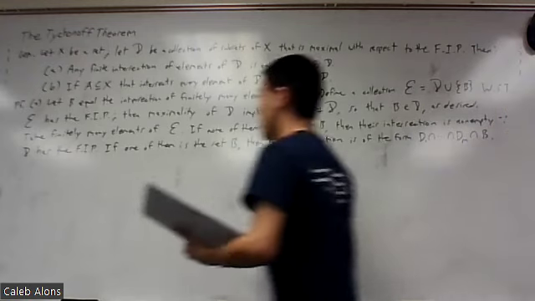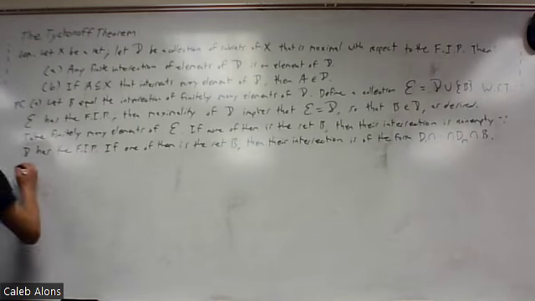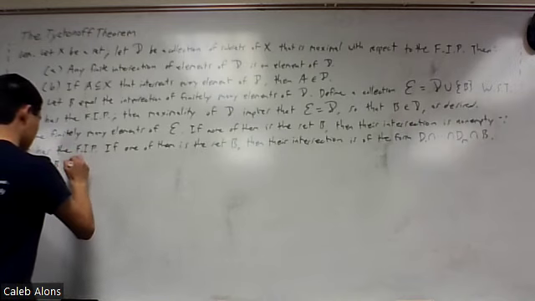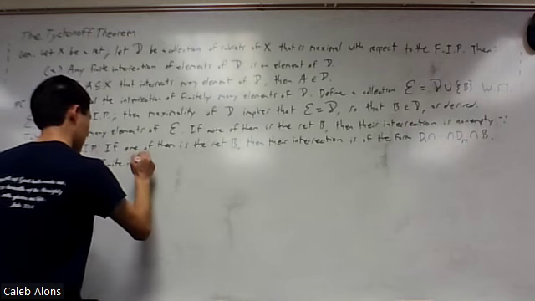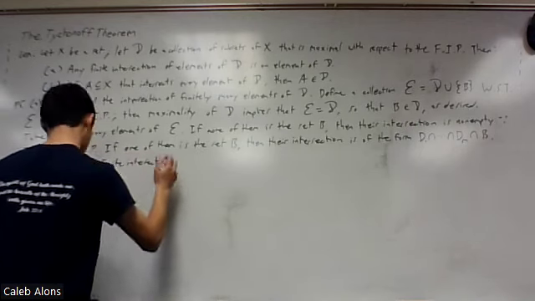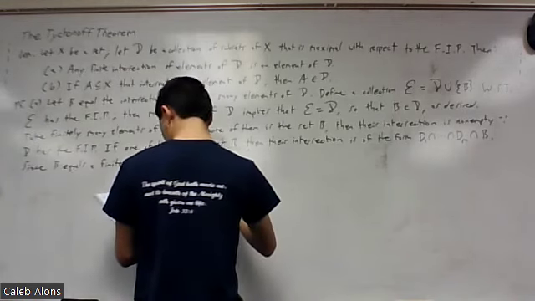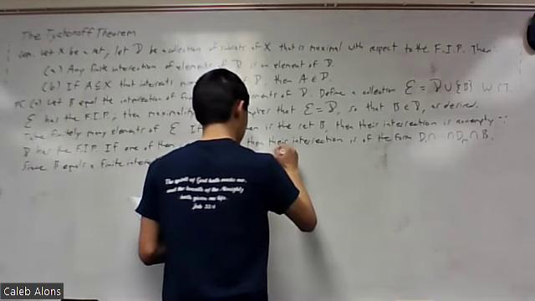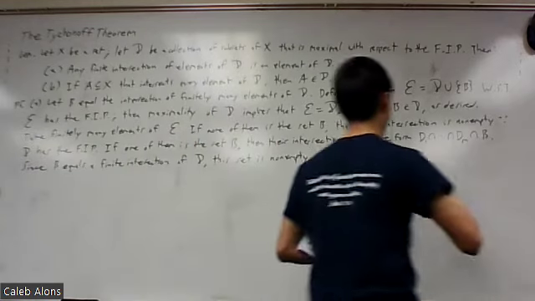Now, we claimed in the hypothesis here that B equals a finite intersection of the elements of the collection D. So this set is also non-empty, and the logic here is okay.